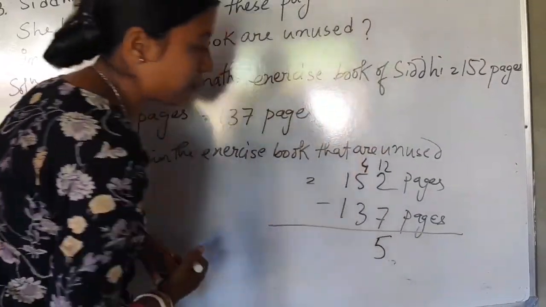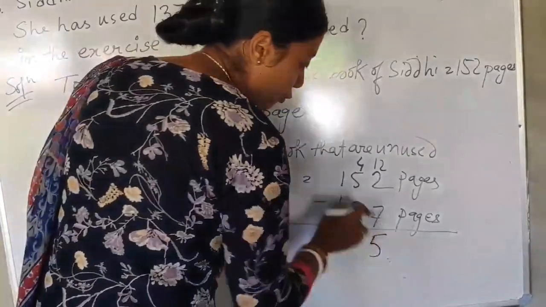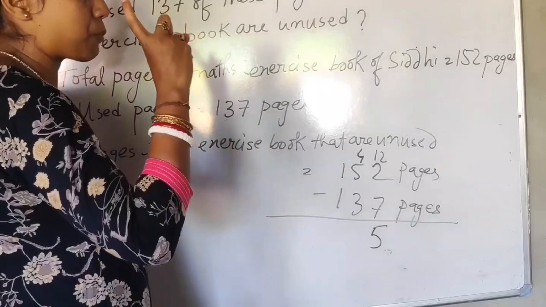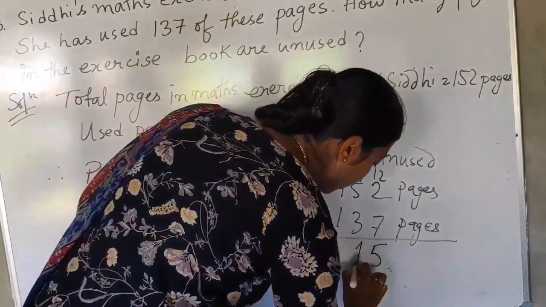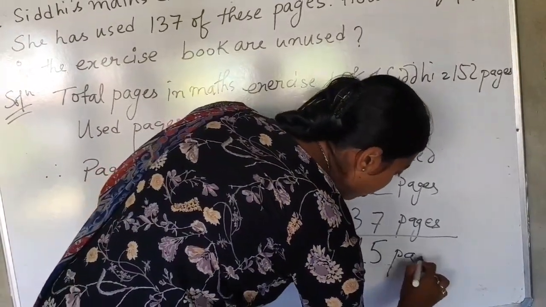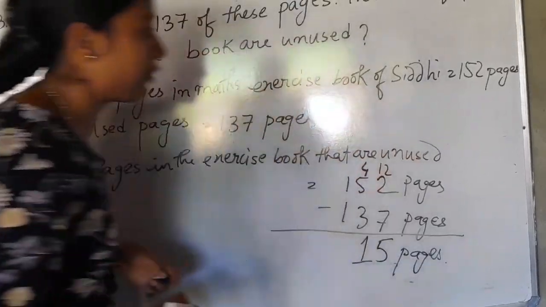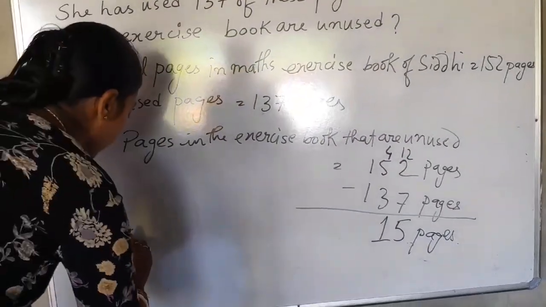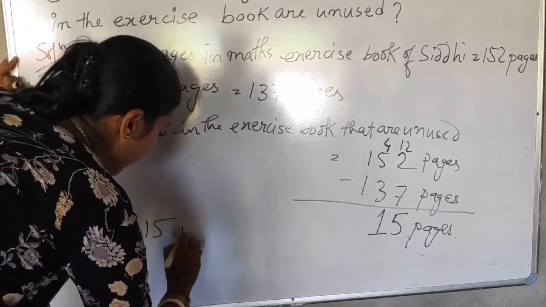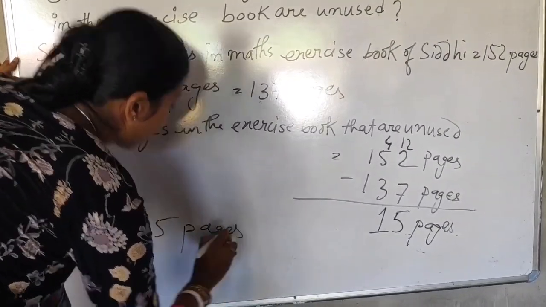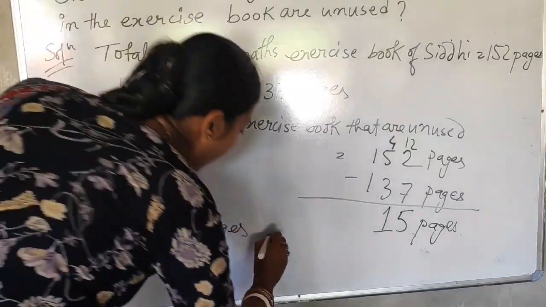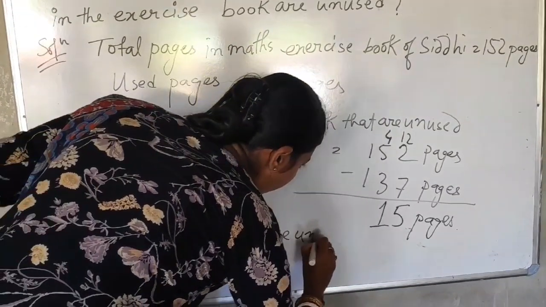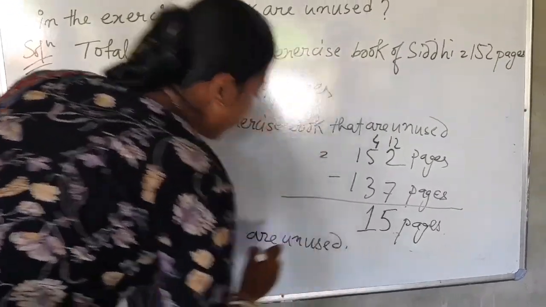So you will write 5. And from 4, if we subtract 3, only 1 remains. So 15. So how many pages are still left in the exercise book? 15 pages. So you will write, therefore 15 pages are unused.